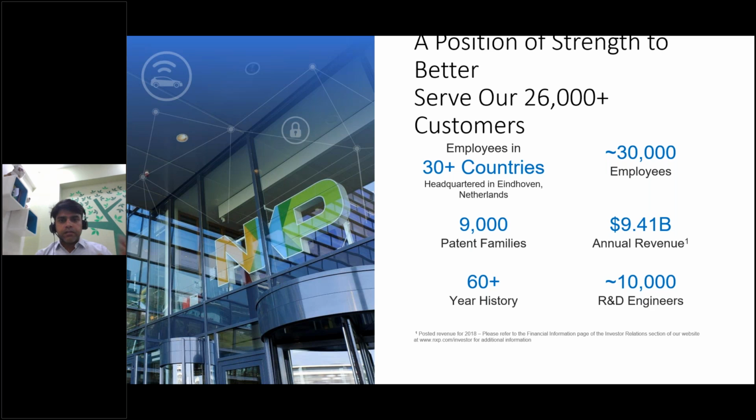As a company, we are almost a $10 billion revenue company. There are more than 10,000 R&D engineers, and a presence in 30 plus countries.